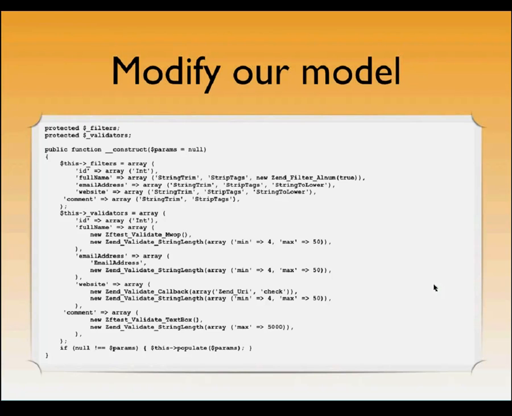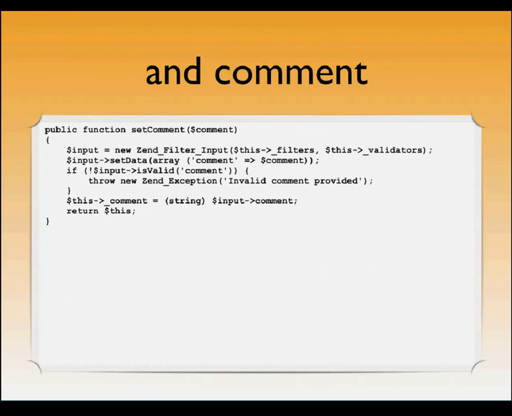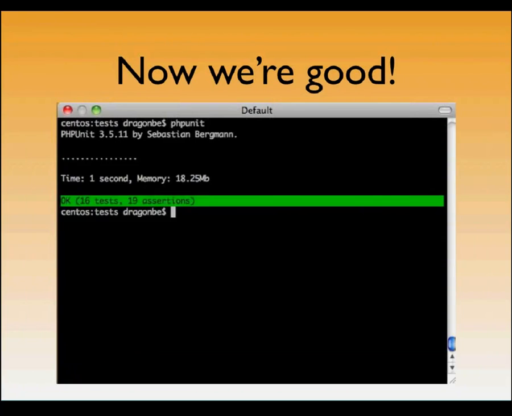Of course, you need to set your ID and the name, the email and the website, and of course the comment. And then you run it. And now we are really, really good.